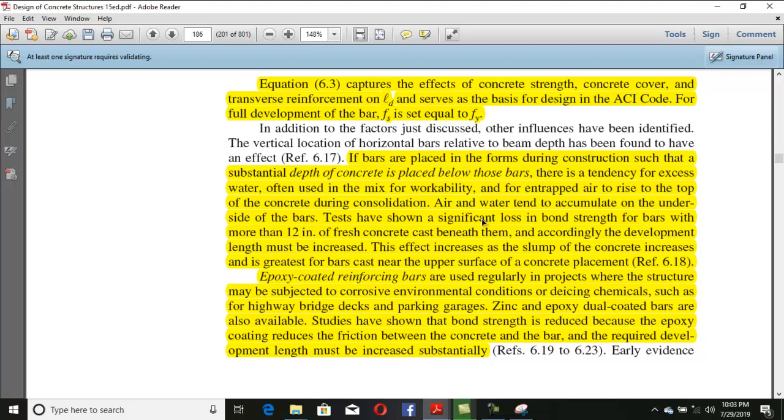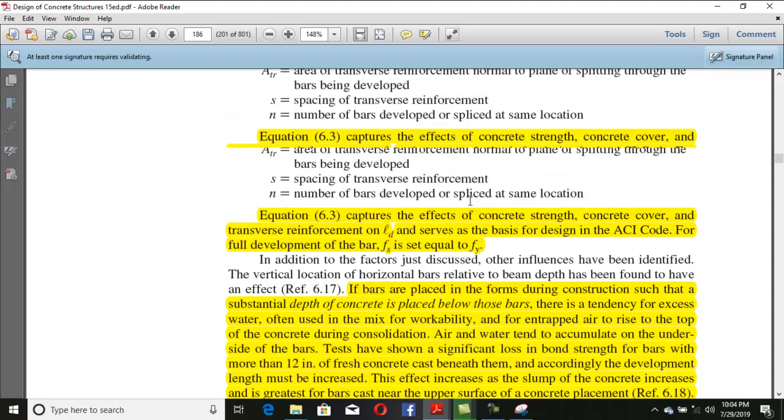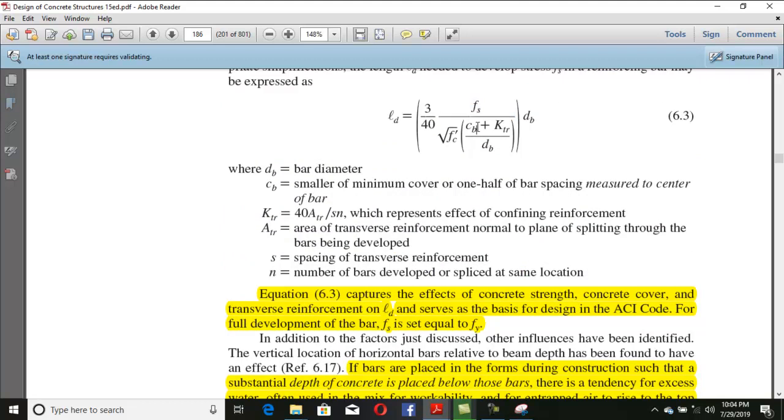Tests have shown a significant loss in bond strength for depths of more than 12 inches. So this is basically the effect of water and air. Whenever we are dealing with this equation, we can say this is top reinforcement and this is bottom reinforcement.